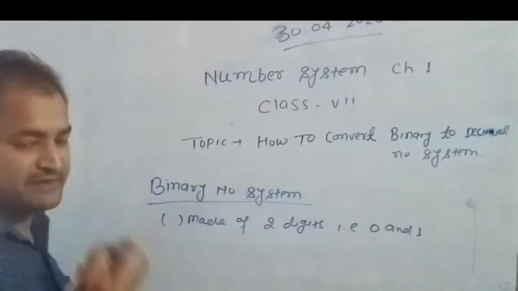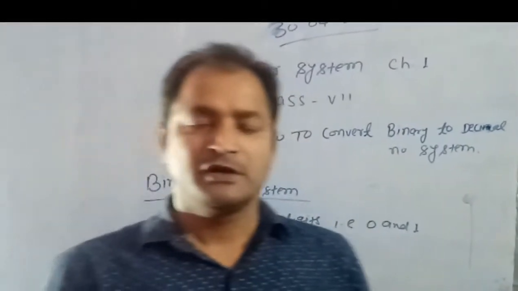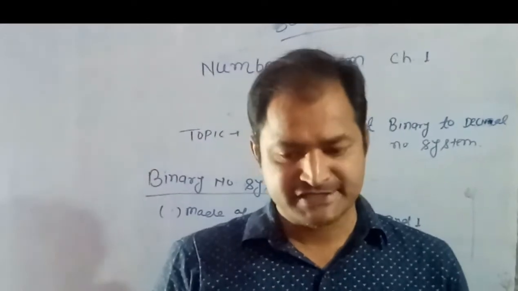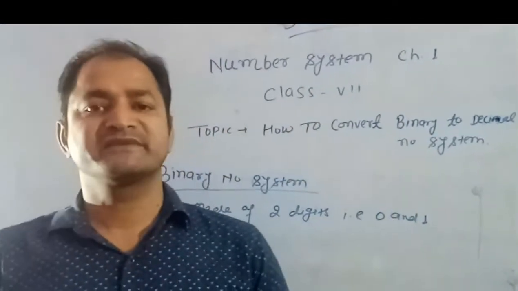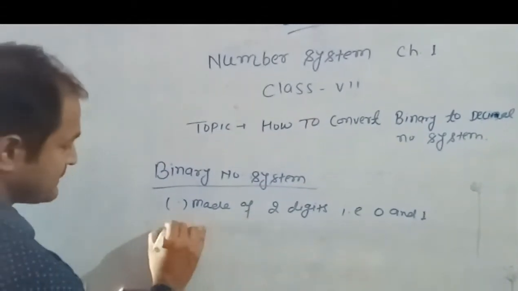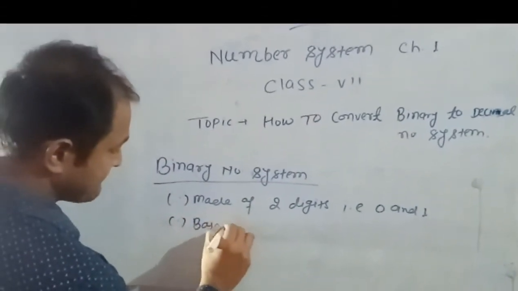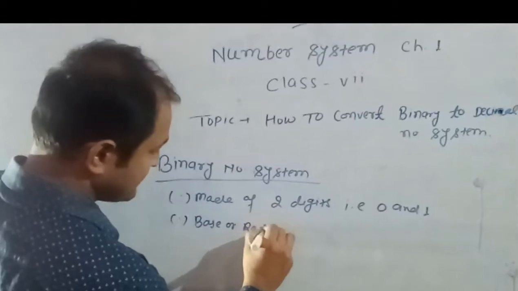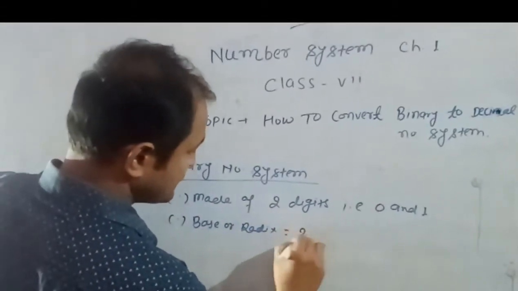I already discussed this in previous classes. So the base or radix of the binary number system is 2.